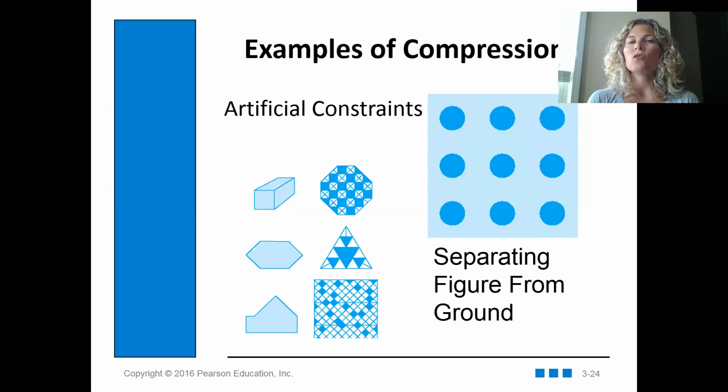What happens is students don't think that they can go outside that box. They see that box as a limitation, a constraint, and that's what artificial constraints really is.